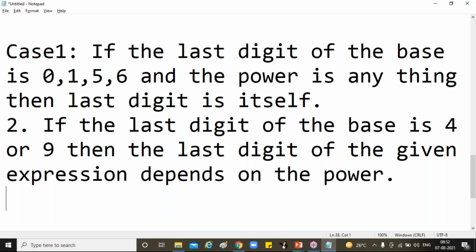So please understand the meaning. In what way, for 4 power and 9 power, the last digit depends on the power.